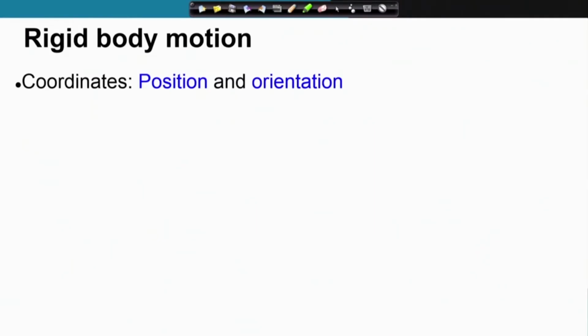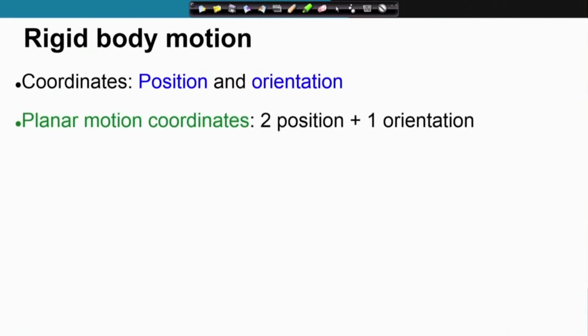The position coordinates can be x, y, z, and the orientation coordinates can be rotations about the 3 axes. There are various ways of representing orientation. Here we are going to restrict ourselves only to planar orientation. So, in planar motion coordinates we have 2 position and 1 orientation.